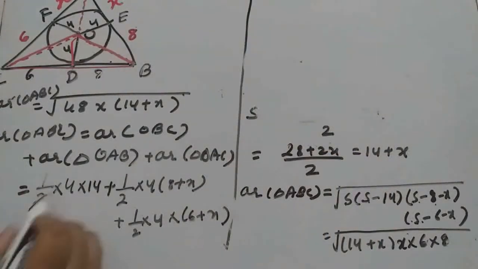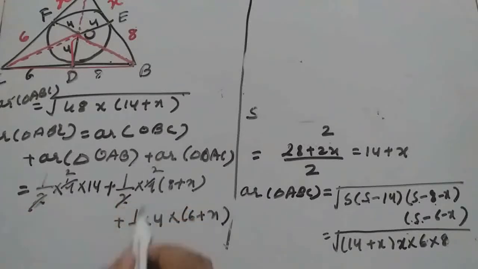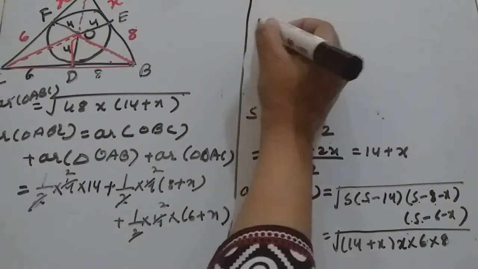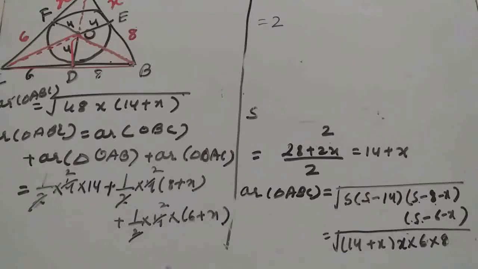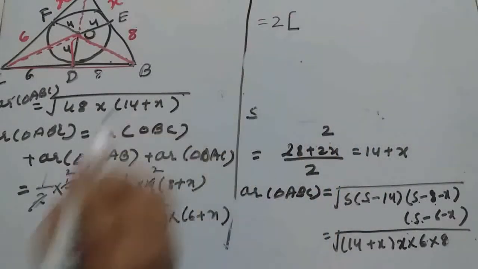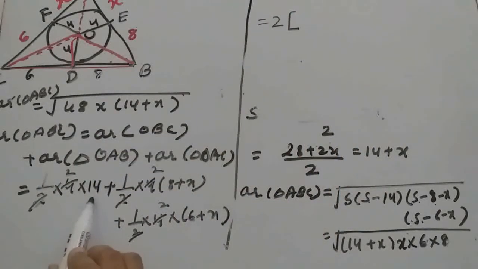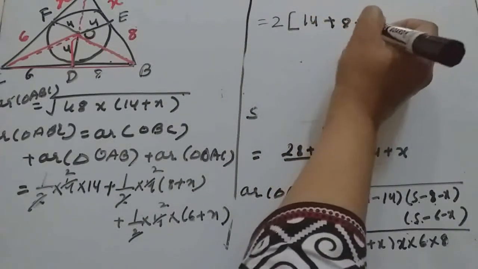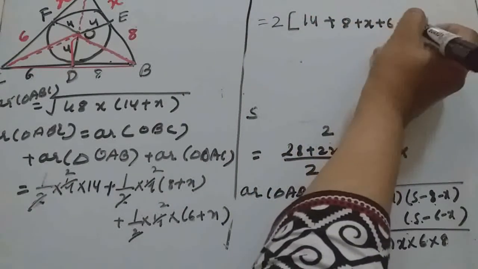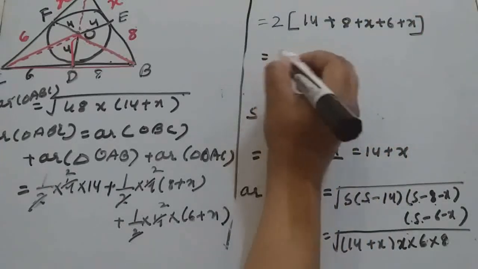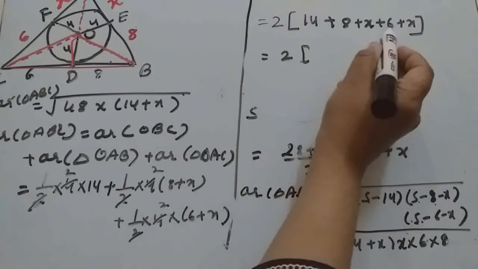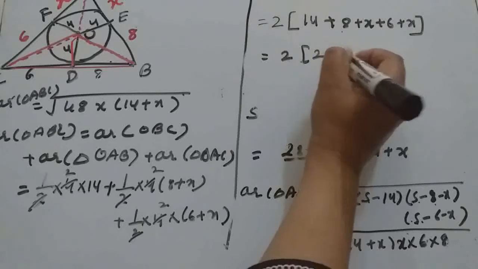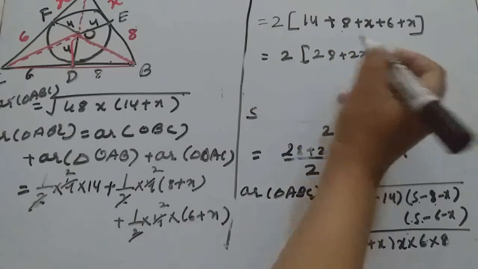Now from 2 we can cancel, each 4 will go with 2. So we can take 2 common. After taking 2 common, what remains inside is 14 plus 8 plus x plus 6 plus x, so 14 plus 14 is 28 plus 2x.